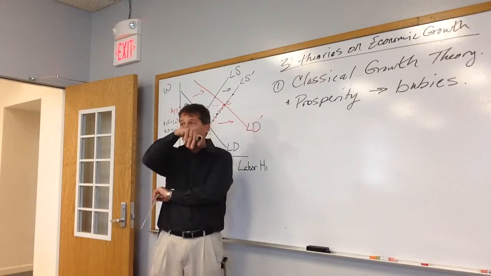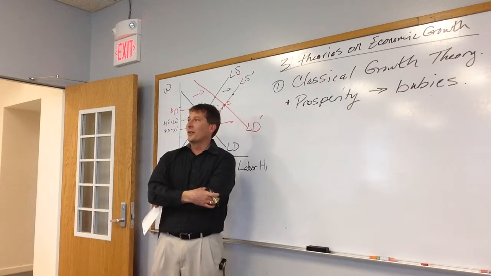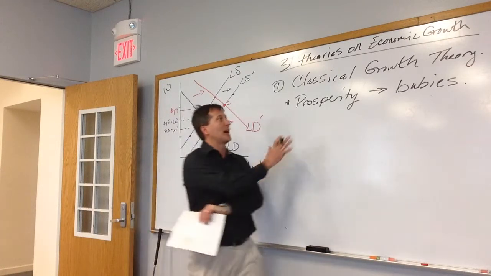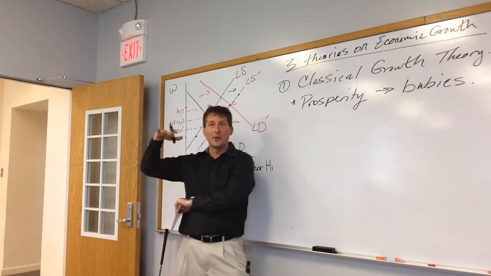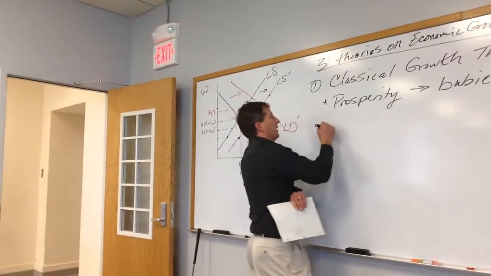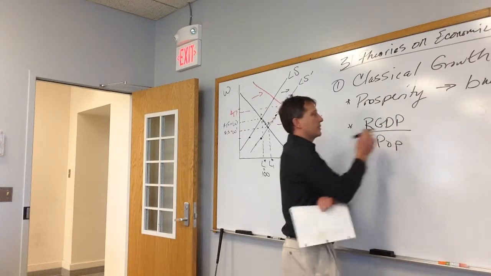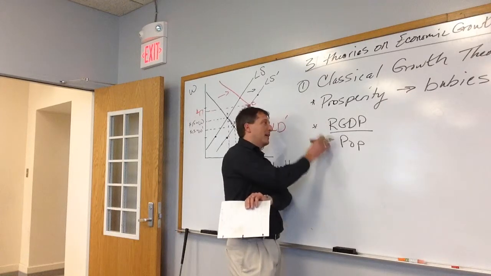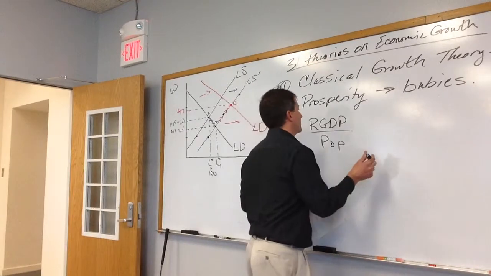Prosperity leads to babies. So what happens to your real well-being per person if that's your outlook on growth? It could potentially go down or maybe at best stay flat, right? If we think about our growth variable, real GDP divided by the population, we've got two things going on. We have growth, but then we kick out more kids. We got these two things competing with each other and offsetting each other.